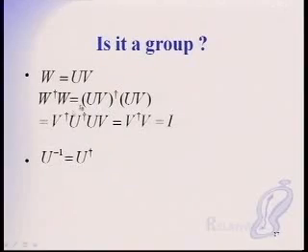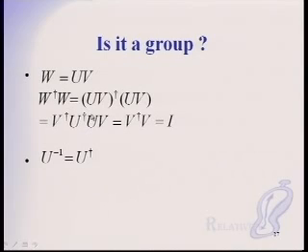If I take W equals U times V, and U and V are both unitary, I calculate W dagger W. That is the dagger of U times V. But when you take the Hermitian conjugate of a product, you take the Hermitian conjugate of each factor, but in reverse order, right? So (UV) dagger is V dagger U dagger.